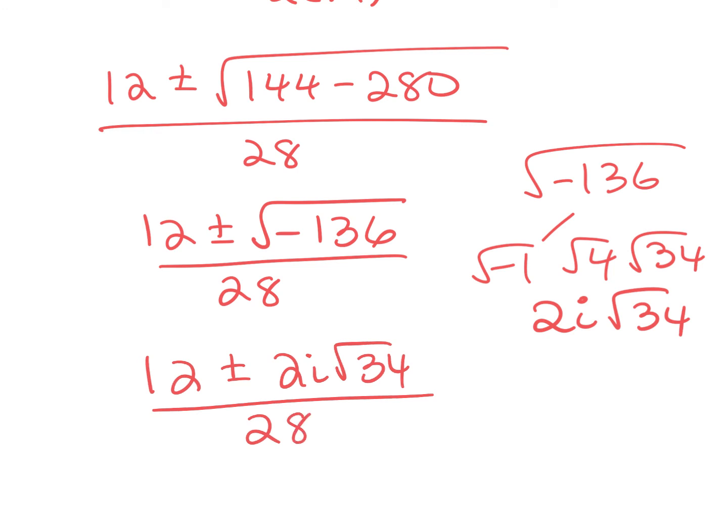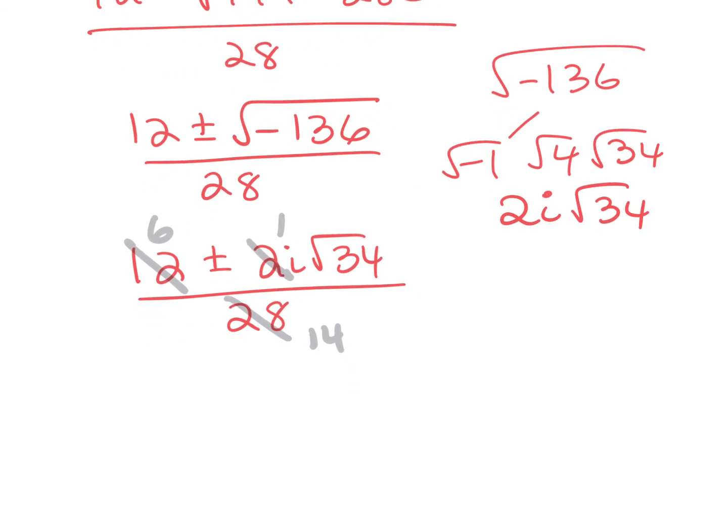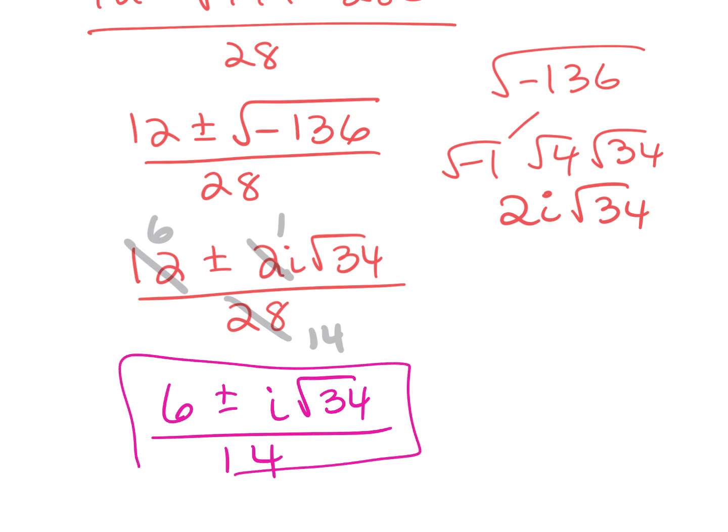Now I simplify. So I can change the 12 to a 6, the 28 to a 14, and the 2 to a 1. And now my final answer is going to be 6 plus or minus i radical 34 over 14. And they wanted you to pull it apart, but again, on the test tomorrow, leave it just like that.